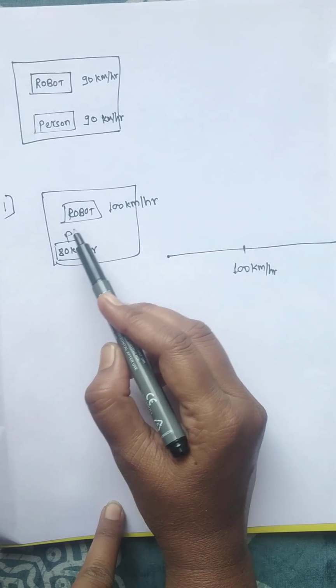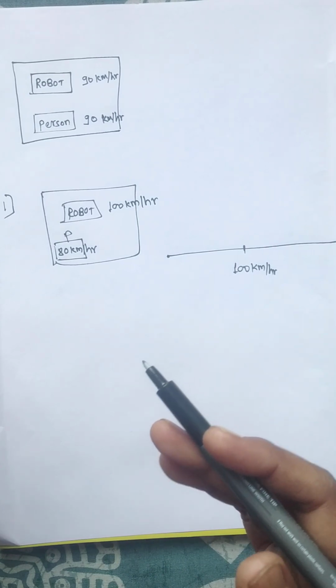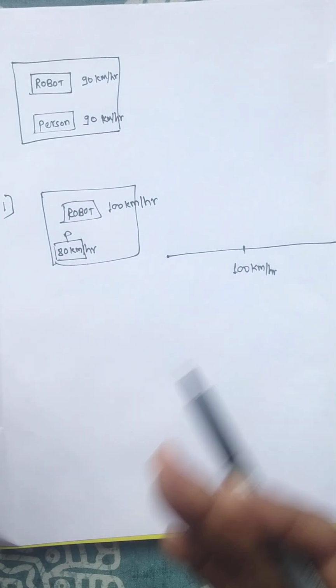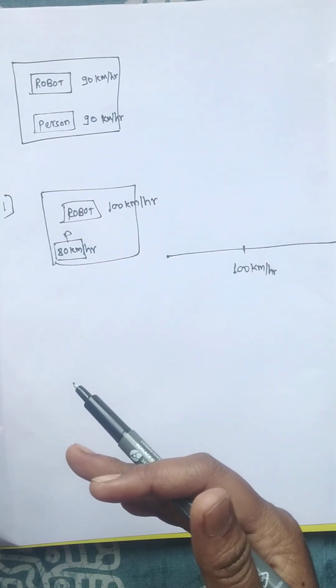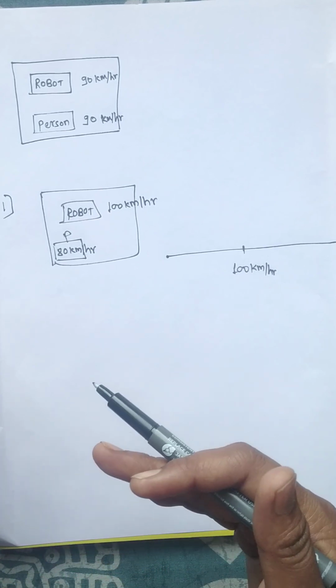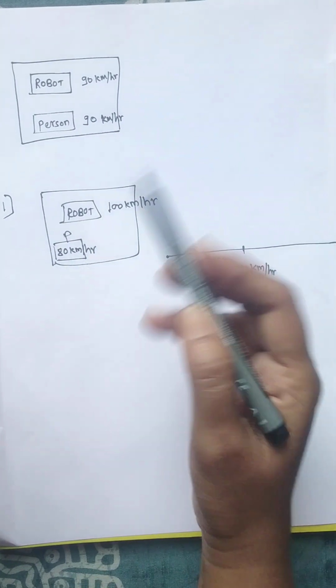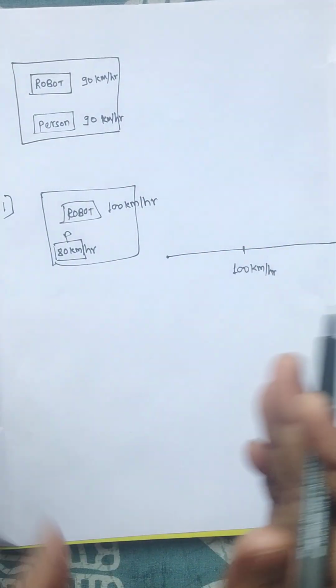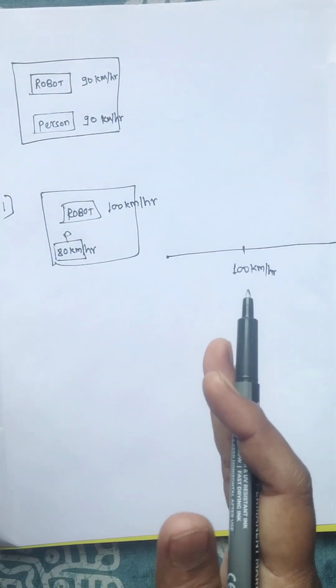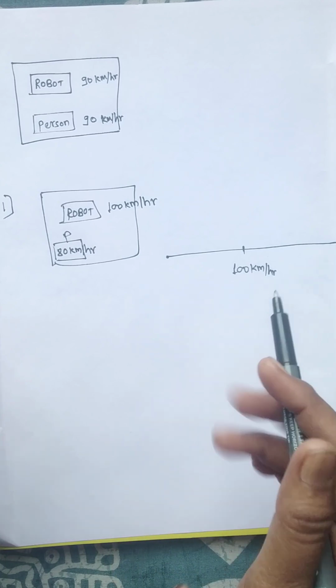The robot cannot detect that person, because imagine the picture: the robot is running at 100 km per hour and that person is running at 10 kilometer per hour, a very slow speed. So we can say that the robot and person are not in the capture range. So the robot will not detect that somebody is running with it.